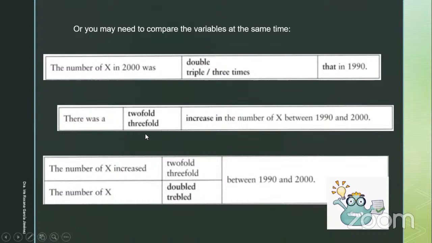There was threefold, three values increased in the number of, or the number of X increased twofold, threefold, or the number of X doubled, tripled. These are expressions for showing us how the variables, how the information is increasing through time.